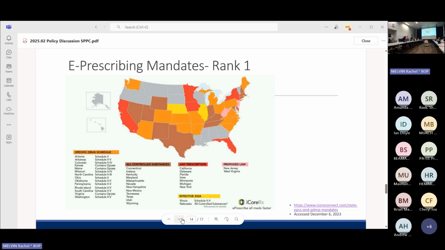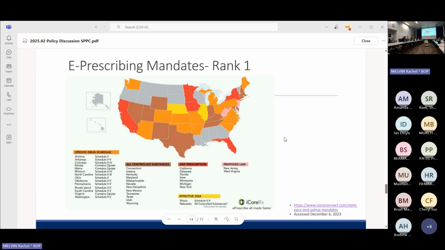And then you'll see on the list as number 1, related to the technology piece, was the mandate for e-prescriptions. And to date, nothing's been done on this one. In this map, I'm not sure how well you can see that, it kind of outlines the implementation of rules regulating e-prescribing mandates across the country.